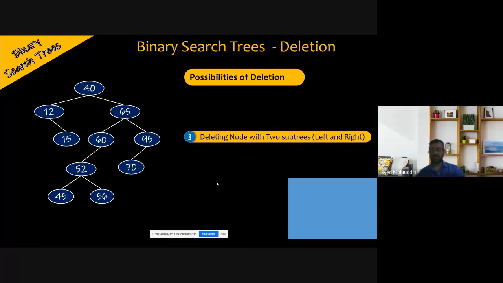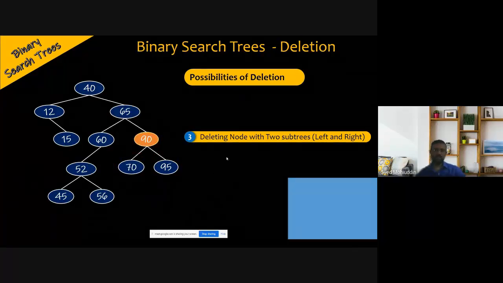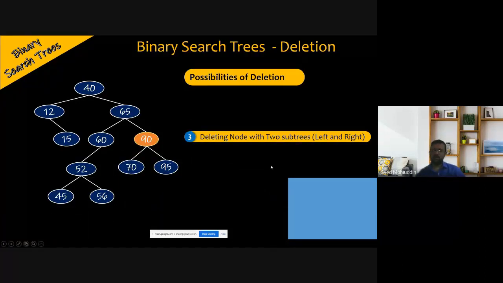This is pretty straightforward because the left and right children do not have their own children. But if you observe how we generalize this: when a node with two subtrees, left and right, is deleted, we select the largest node from the left subtree.